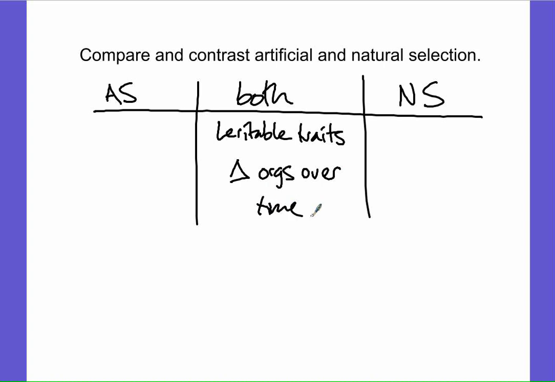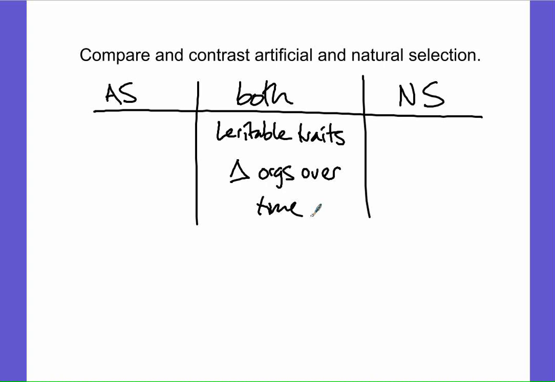Now, that can be different for both. We can actually create a breed of dog in thousands of years. Natural selection would create new species over millions of years. One takes much, much longer than the other one. So the time is different, but they both change organisms over that time.